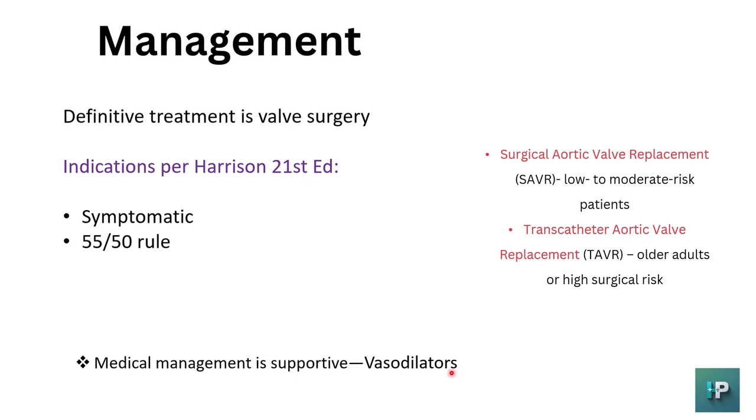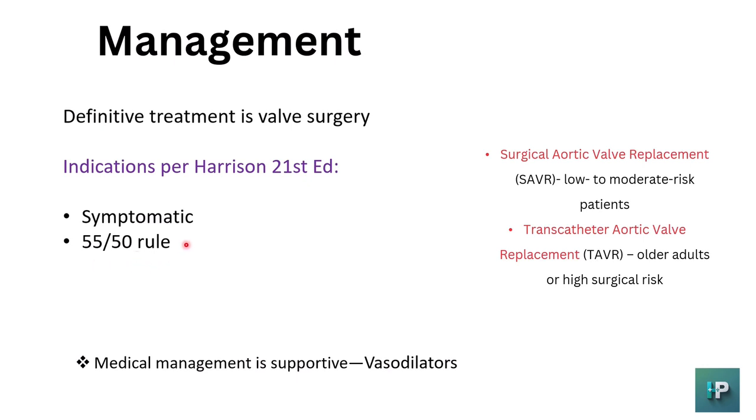And these are the indications as per Harrison, that is symptomatic. In aortic regurgitation, symptoms occur only in severe conditions. So in severe aortic regurgitation, here it's the 55-50 rule. It's the rule for severity of aortic regurgitation.